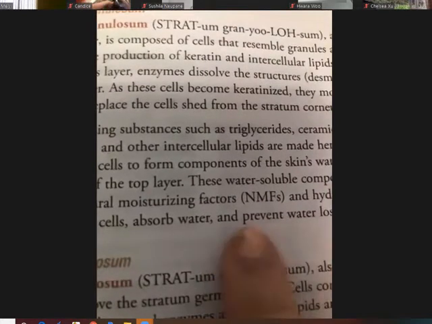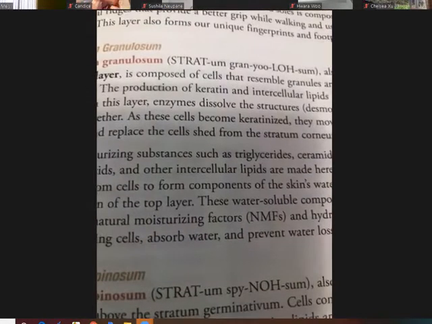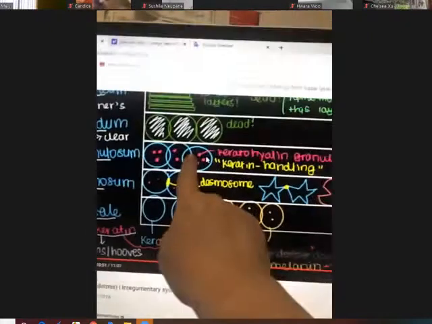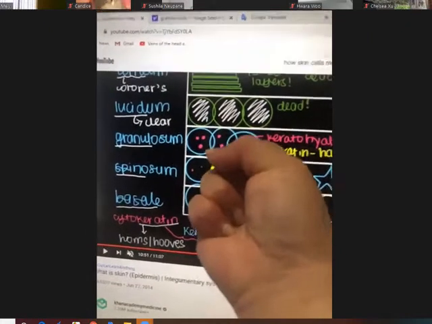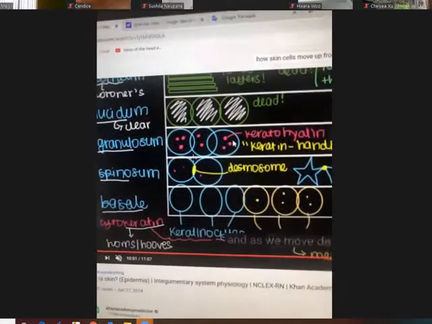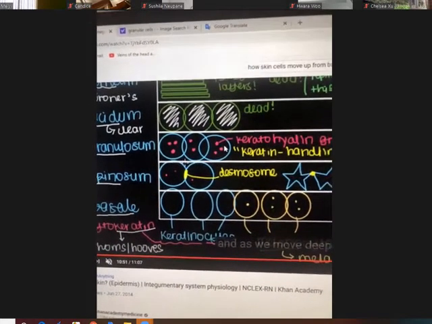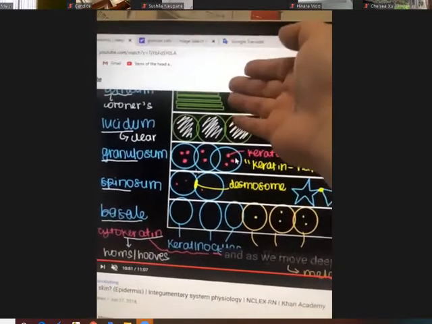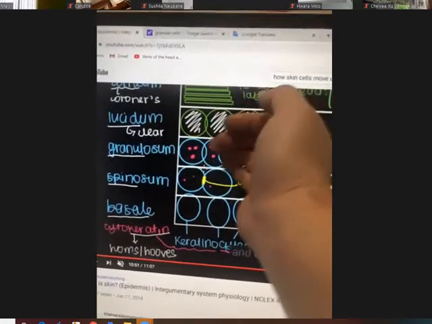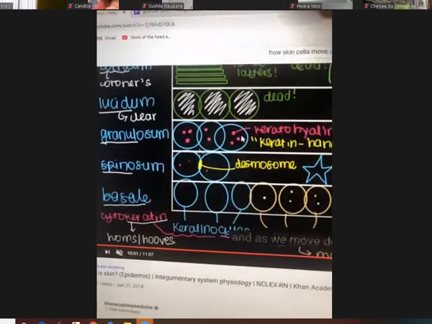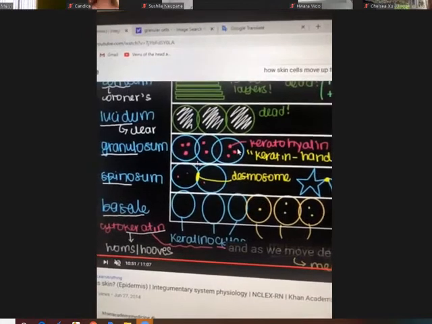That's why when you put on a moisturizer that hydrates your skin, the moisturizer must travel down to the third layer so that the cells can absorb the water and hydrate the skin, and prevent the skin from losing water. So whatever moisturizing cream you use, its ingredients must reach the third layer so the cells can absorb the water and keep the skin from losing water.